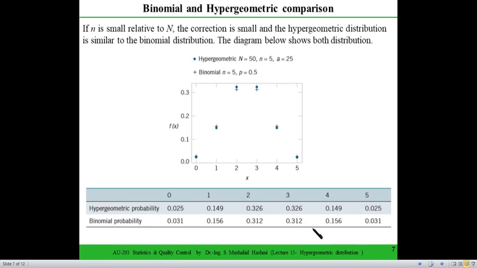You will see there is not much difference: 3.2 and 3.1, which is also about 15%. So once your sample is relatively small, less than 5% of the population, you can use the binomial distribution, just as if you were replacing it.